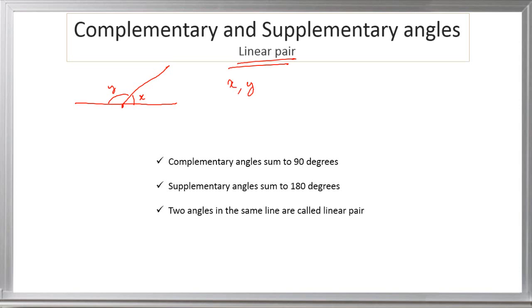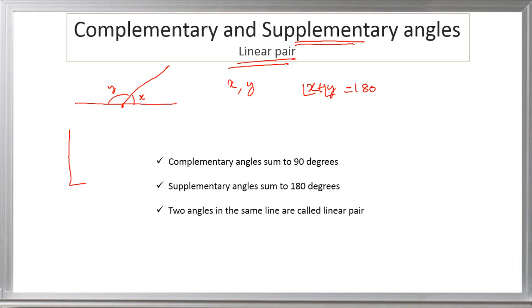They are the pair on a straight line, which together make 180. If angle X plus angle Y is equal to 180, we call them supplementary angles. Obviously the linear pair and supplementary angles are the same.